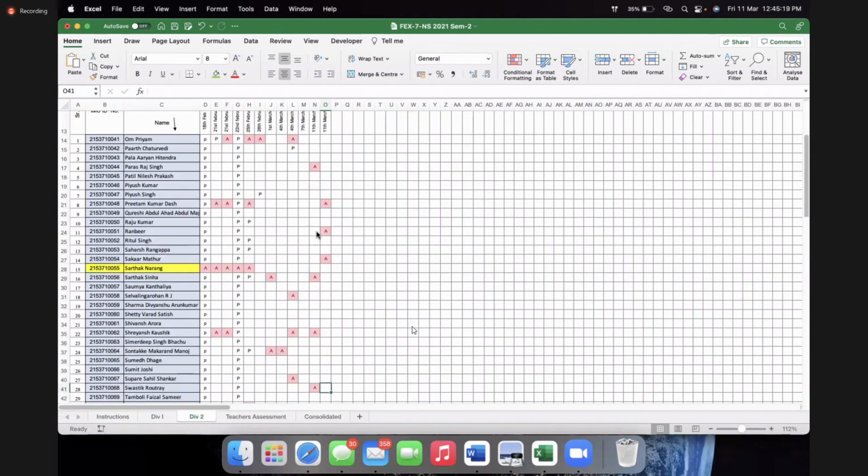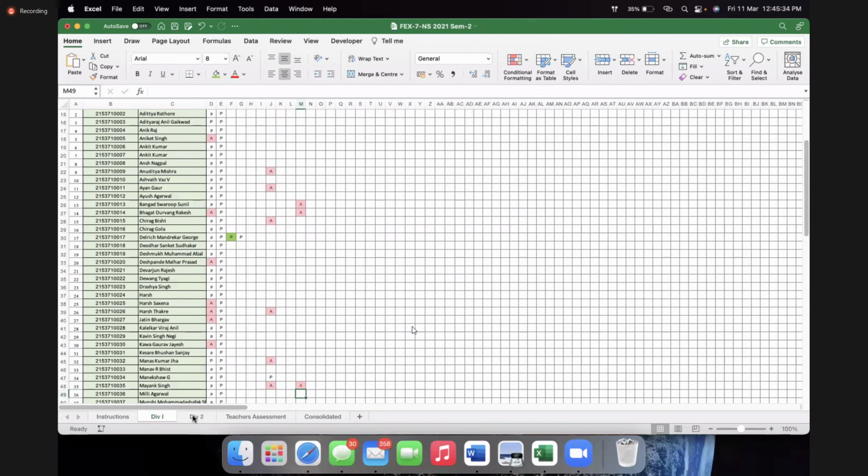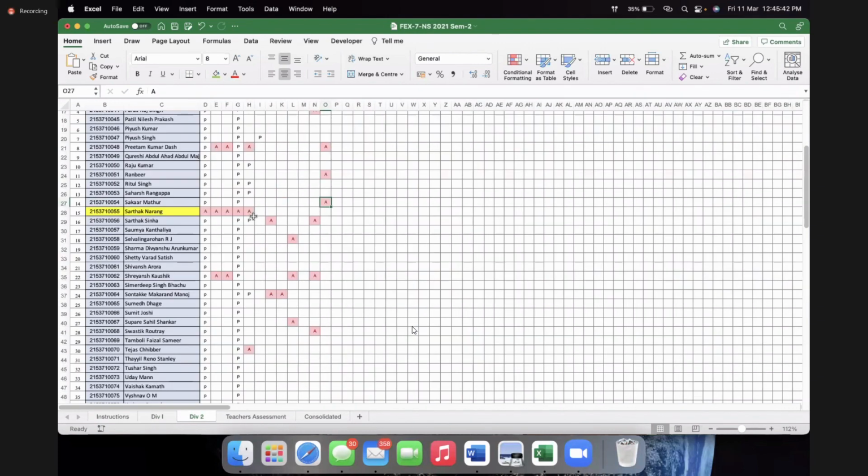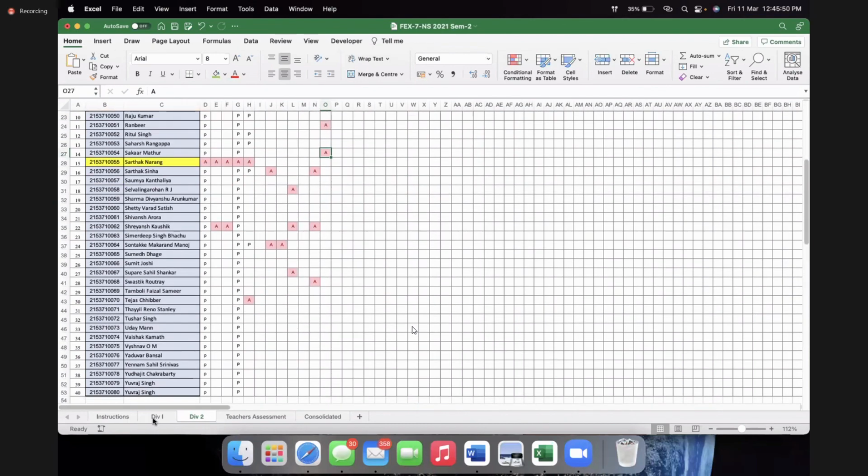Okay. So these people, let me repeat from Div 2: Pritam Kumar Das, Ranbir, and Sakar Mathur. Sir, Mayank Singh is present. Did you say Mayank Singh? Due to network, he got out from it. Where are you, Mayank Singh? Are you in this division? Division 1?